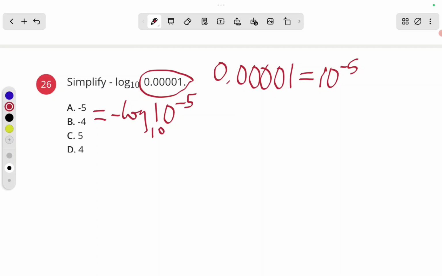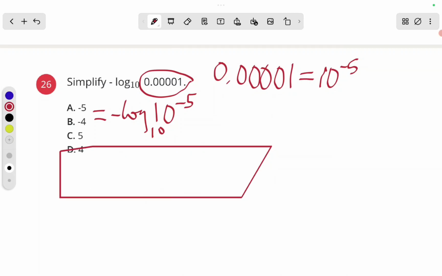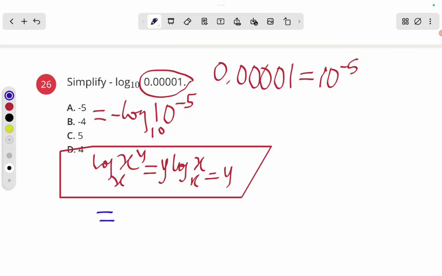Again, from the law of logarithm, if we have log x to the power of y base x, this is the same thing as y, since it equals y log x base x. Making use of this law, we already have minus 5.